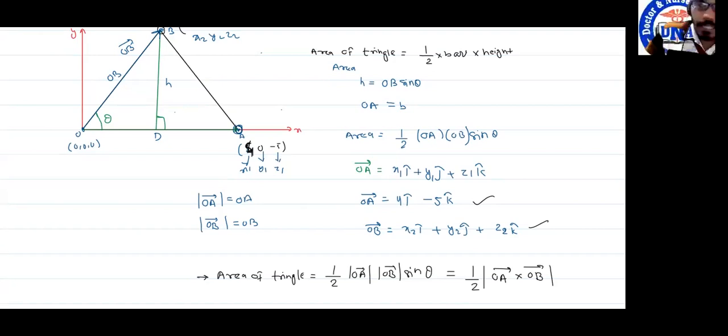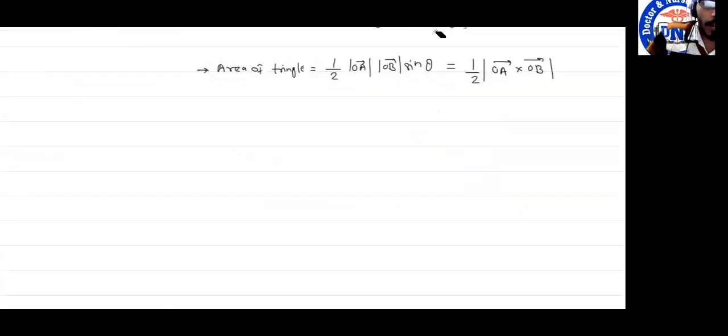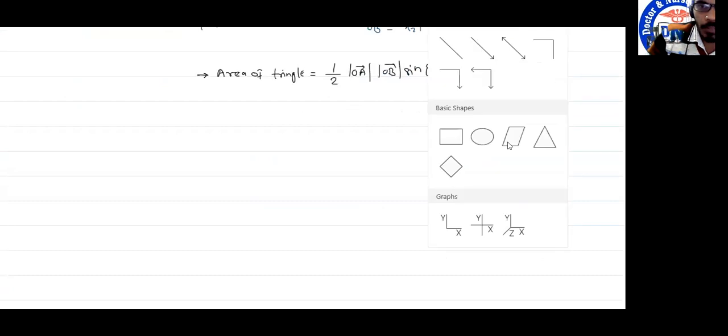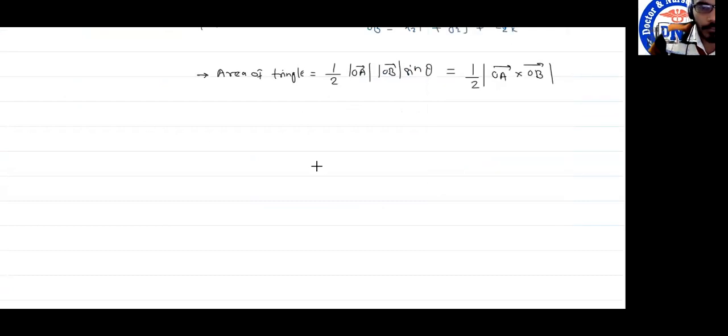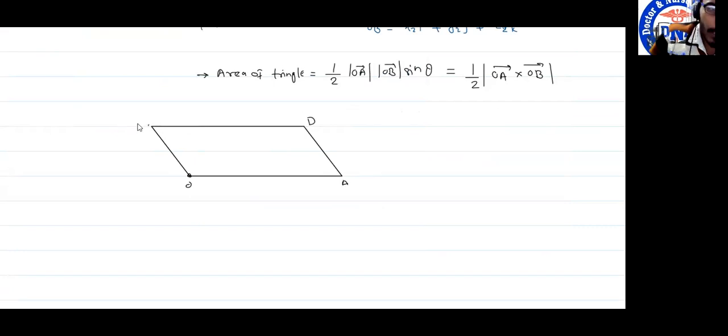Okay. In the same manner, suppose you have a parallelogram and you want to calculate the area of this. Let's suppose this is the O point, this is the A point, this is the D point, this is the B point. Now I want to calculate the area of this parallelogram. So what we have to do?